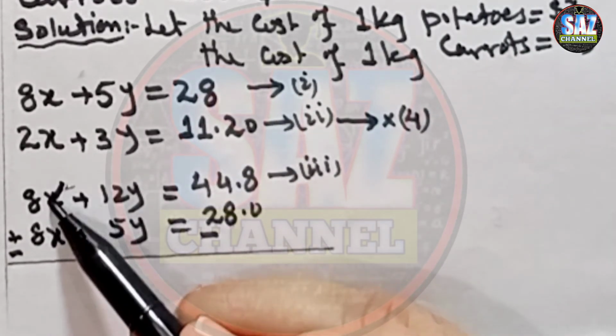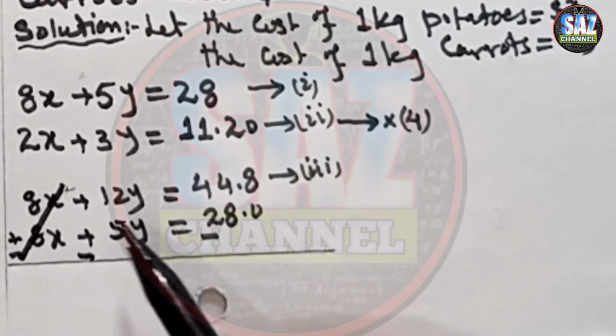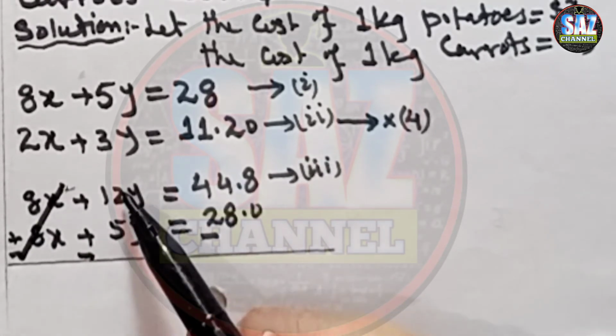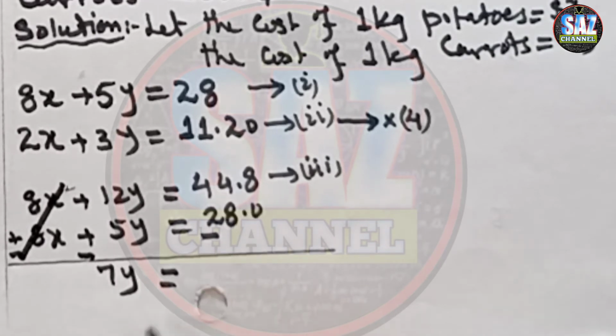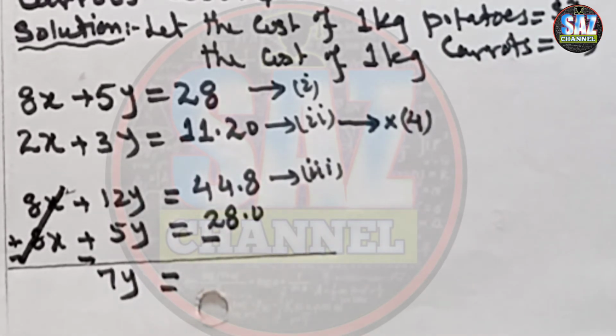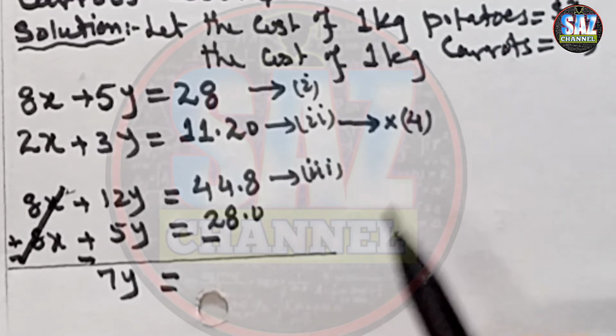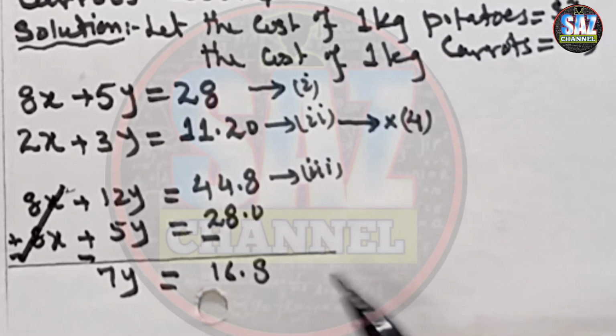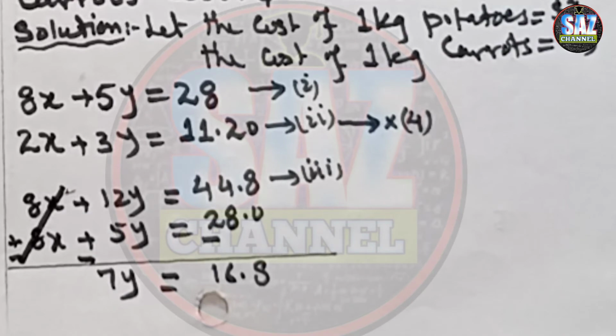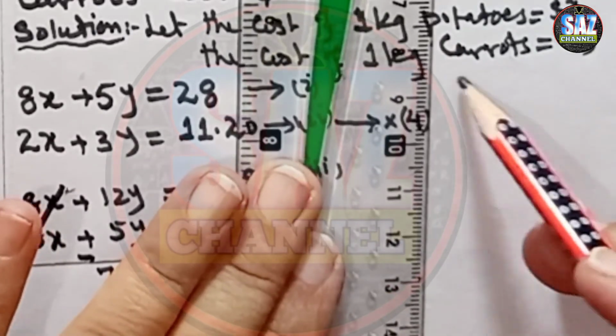I can cancel this x term and I will be left with y only, and 12 minus 5 is 7y equals 44.8 minus 28, which will give me 16.8. Now for the rest of the solution, let me move to this side of the page.